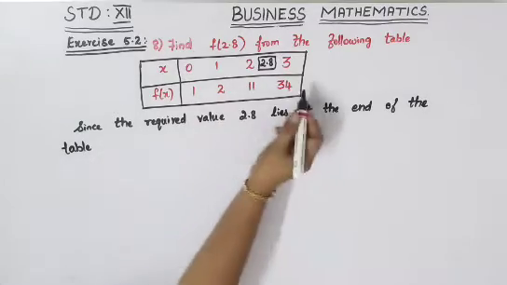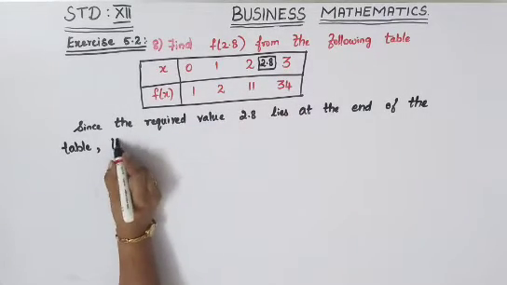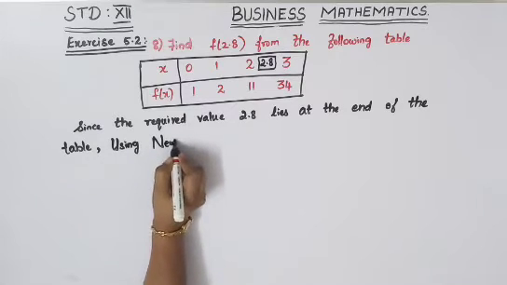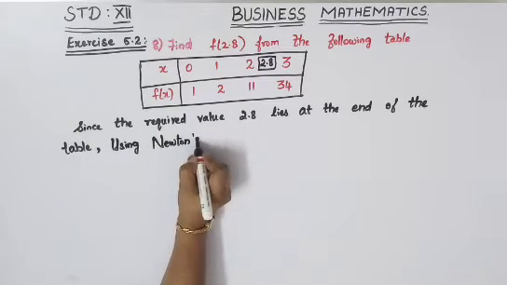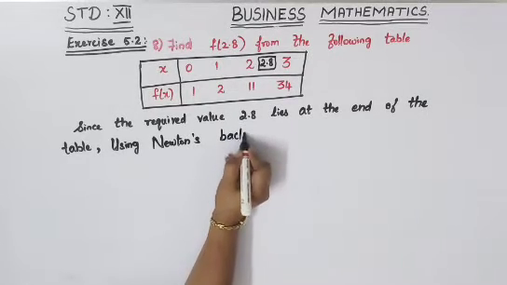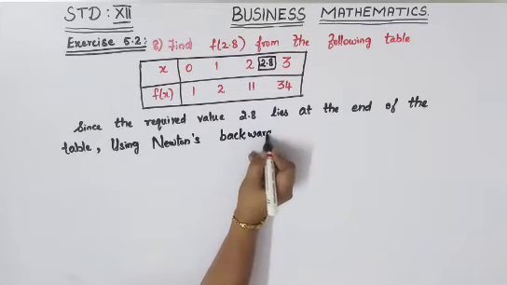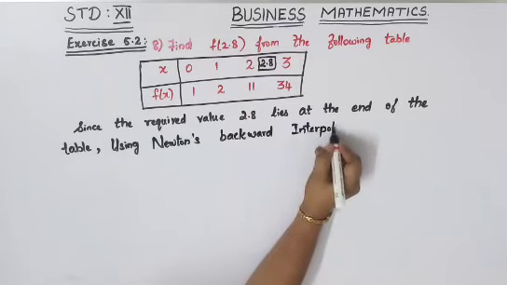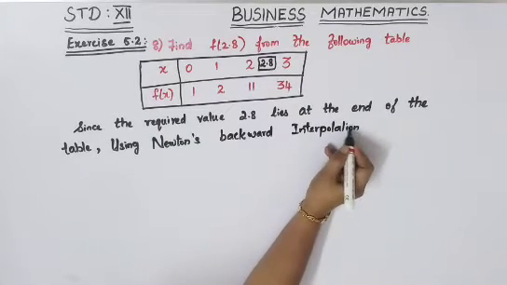So it is at the end of the table. So using Newton's backward interpolation formula.